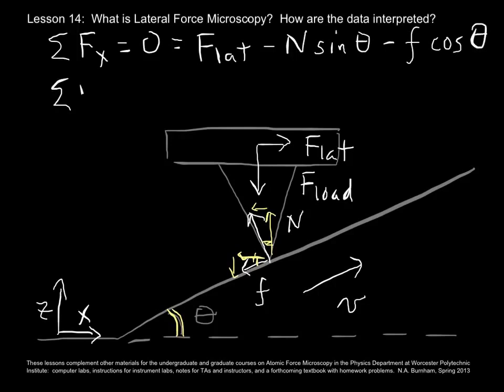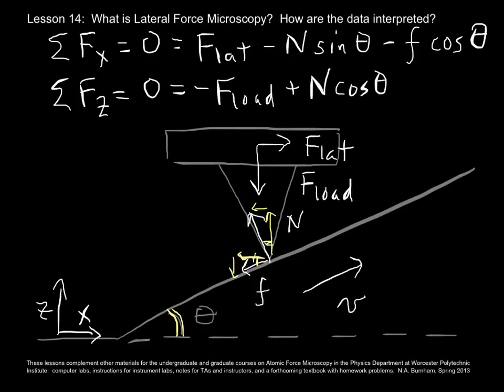And similarly, for all the z-pointing forces, they sum to 0. The load is in the negative direction. The vertical component of the normal force is positive, and the vertical component of the friction force is negative.